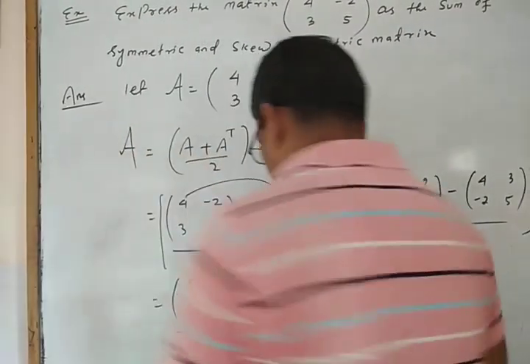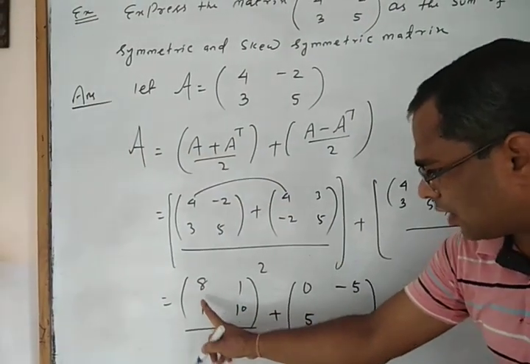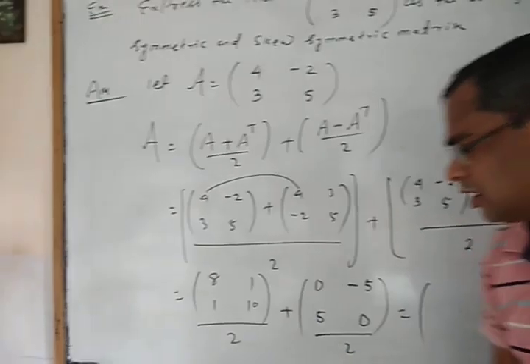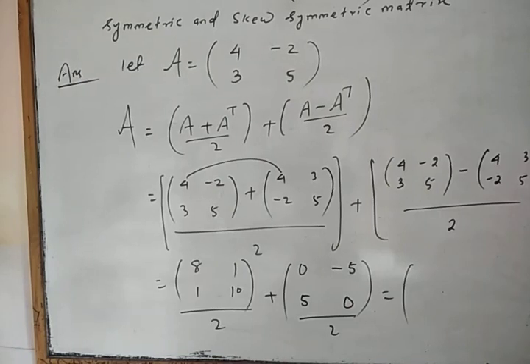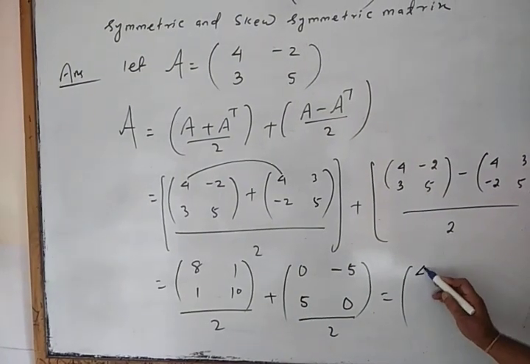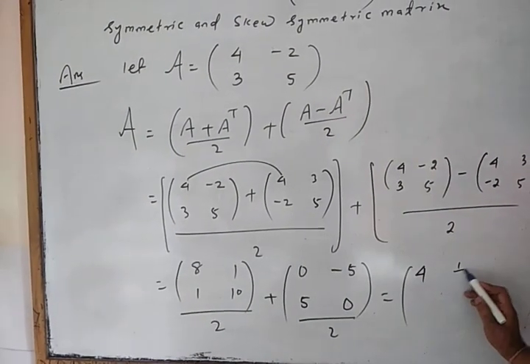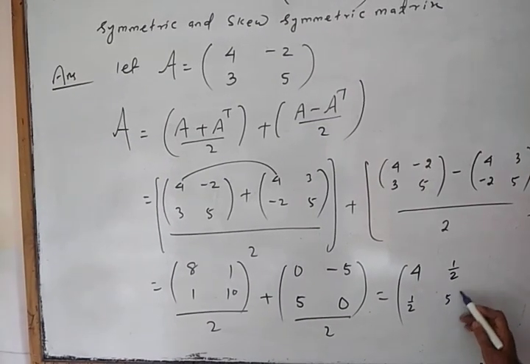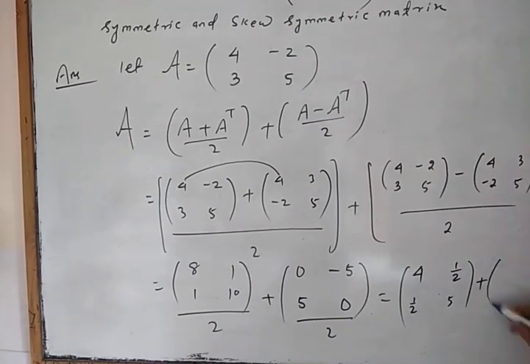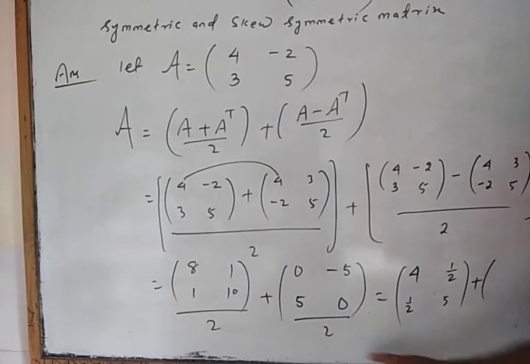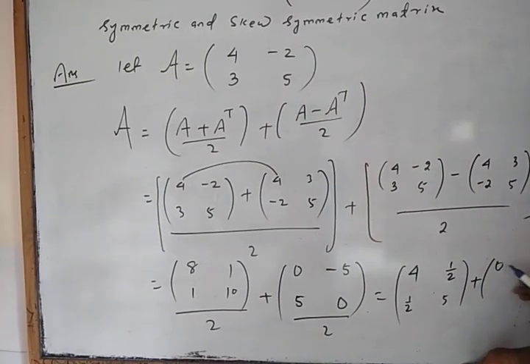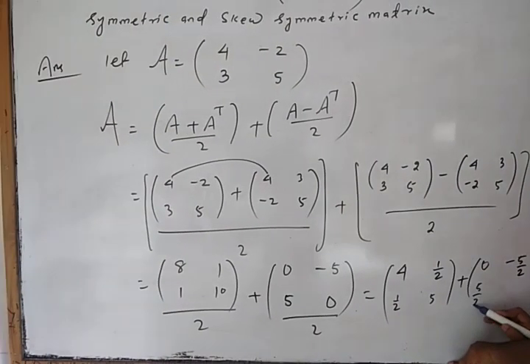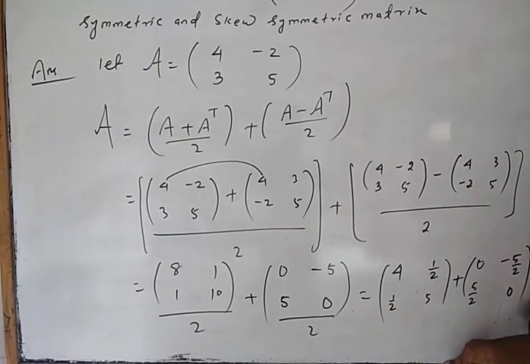Divide 2 into each element: 8 by 2 is 4, 1 by 2, 1 by 2, and 10 by 2 is 5. The other matrix is [0 -5/2; 5/2 0].